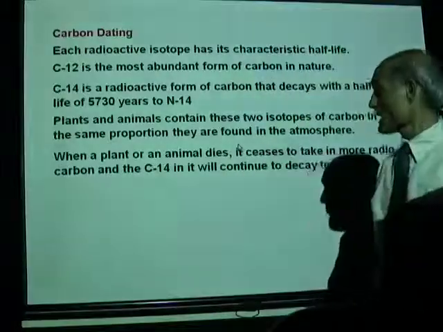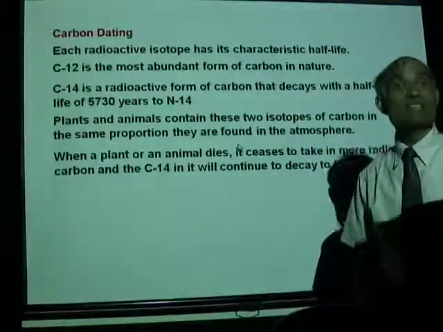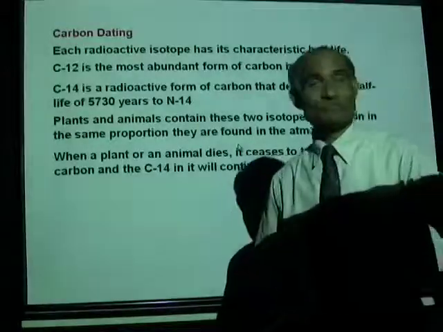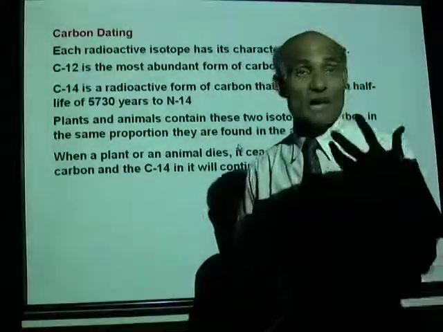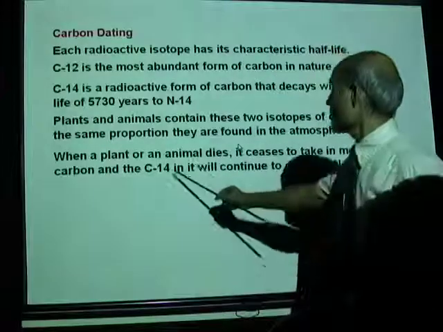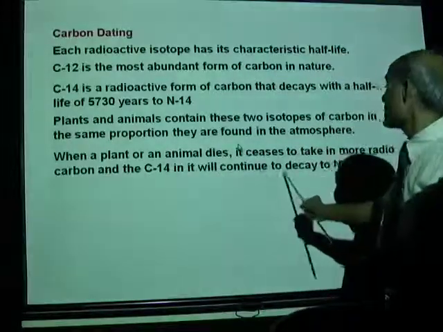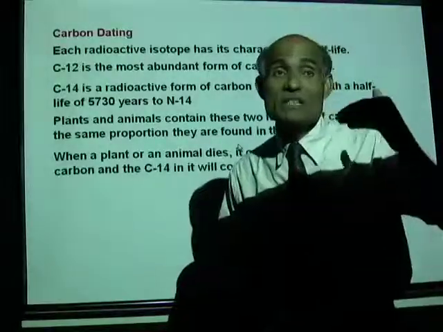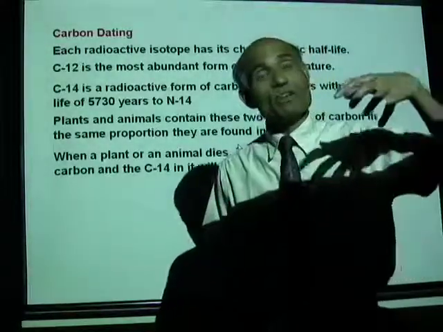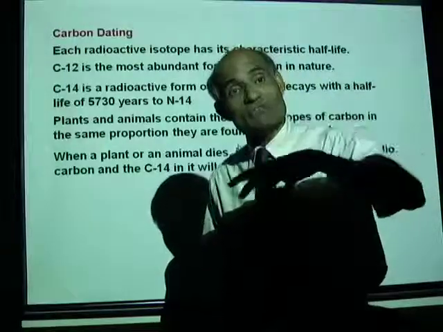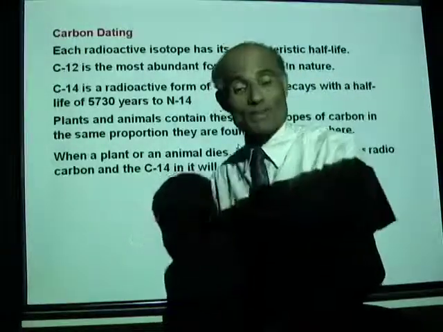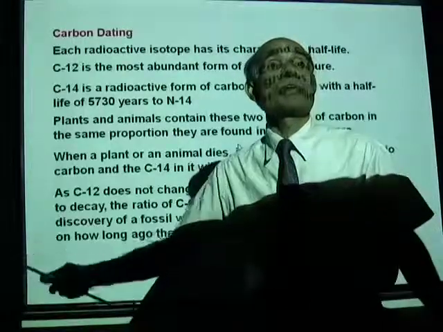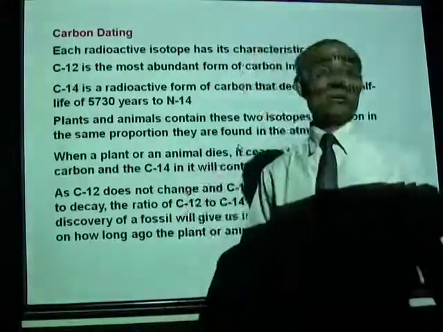When a plant or an animal dies, it ceases to take in more radiocarbon. And therefore, the amount of carbon-14 in it will continue to decay to nitrogen-14. And since we know the half-life, we can find out how long the decay has been going on. That means we can find how long the animal or the plant has been dead.